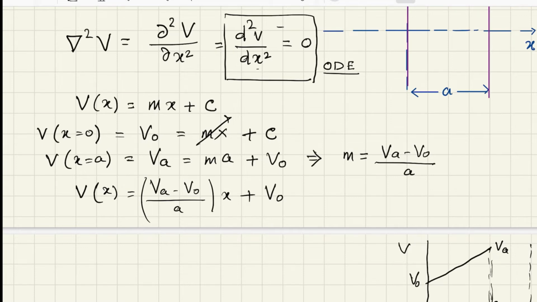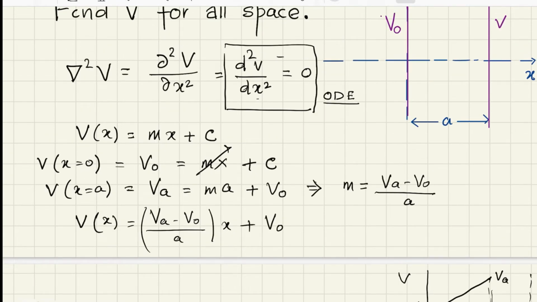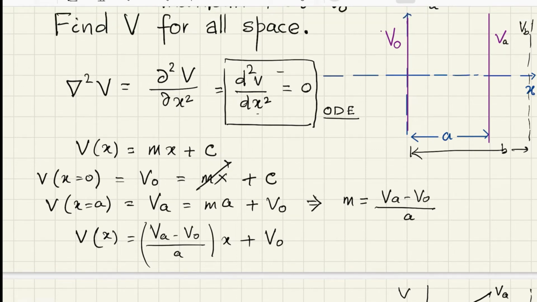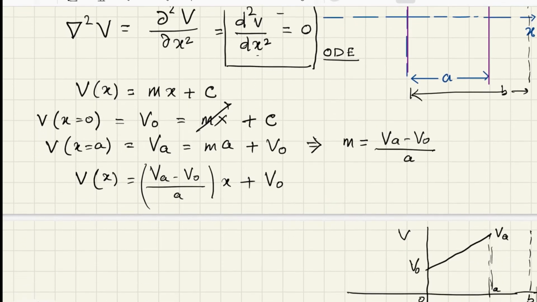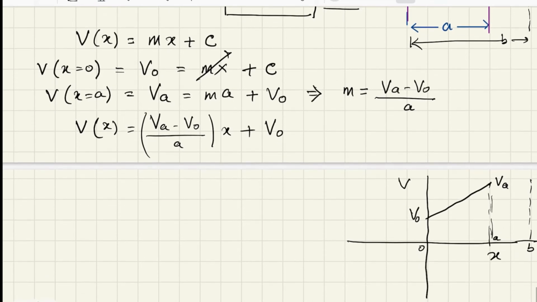So suppose I go back and say I have another boundary condition, between a and b, with V B here and V a here. Let me assume that V B is smaller. Then can I write down V of x now?